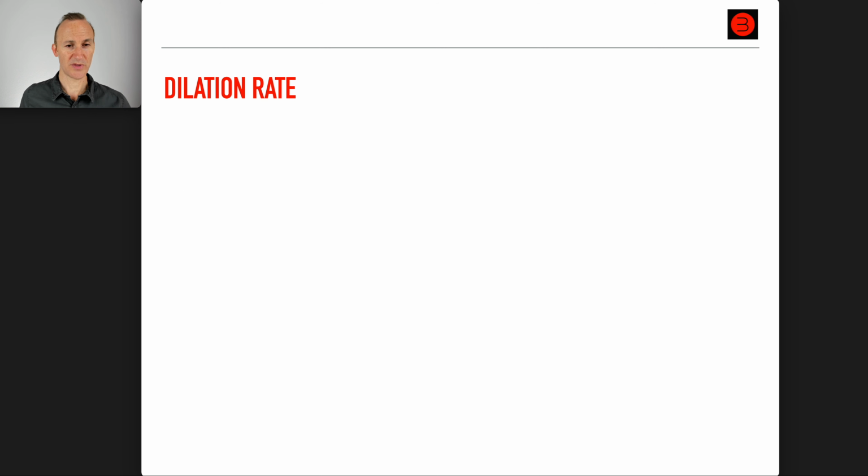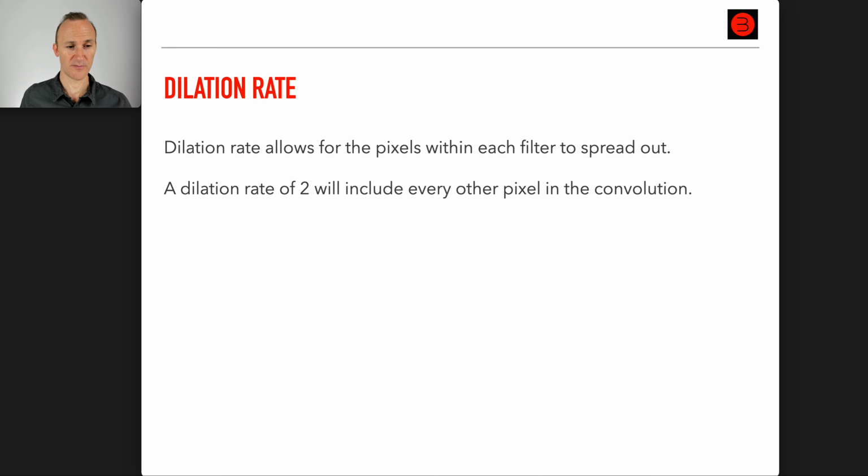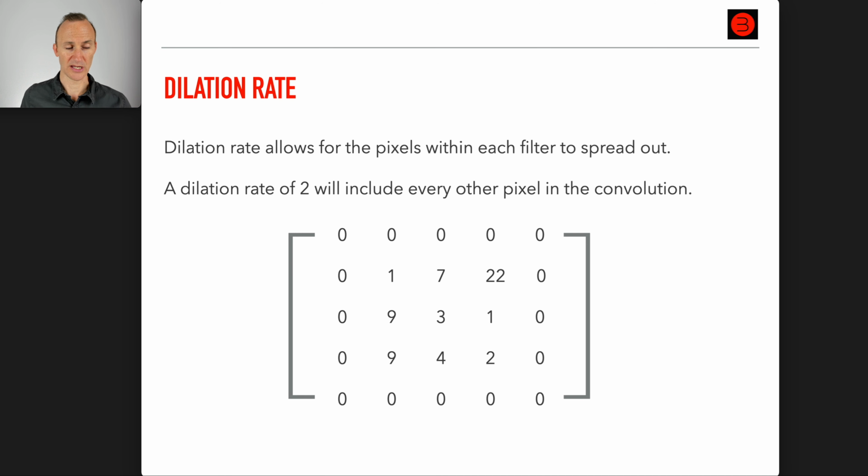Okay, there's something similar but different called the dilation rate. So what is this? Dilation rate allows for the pixels within each filter to spread out. See, a stride moves the filter a greater distance, whereas dilation moves the individual pixels of the filter out more. So a dilation rate of 2 will include every other pixel in the convolution. So again, if we have our padded grid of pixels, there's a dilation rate of 2.